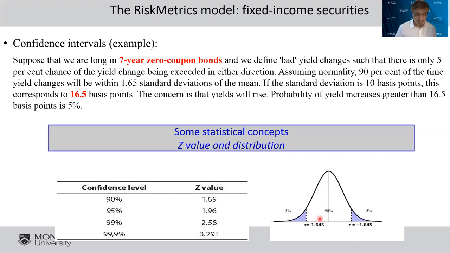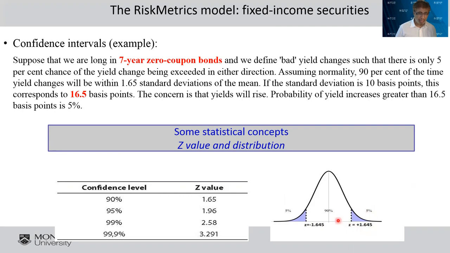The z-value will be on the left, which is minus z, or on the right, which is plus z. If we are talking about 90% confidence, it means here is 5% out of this area, and here is 5% out of this area. So the z calculated from the tables or from Excel is 1.645.